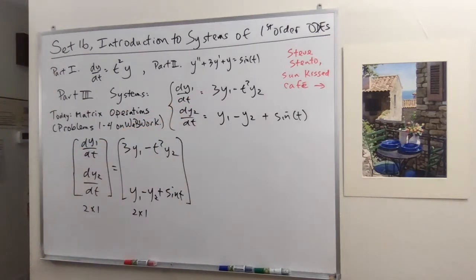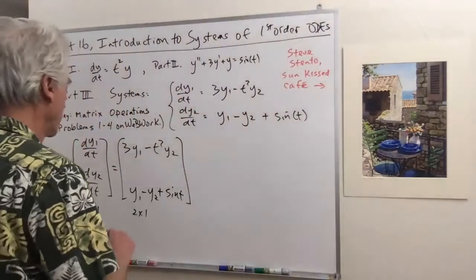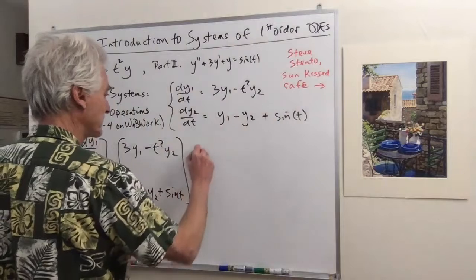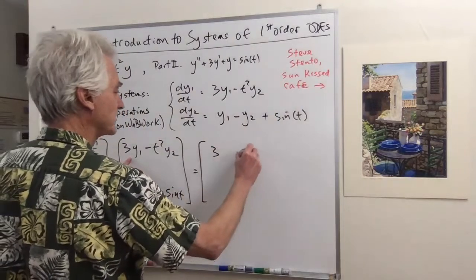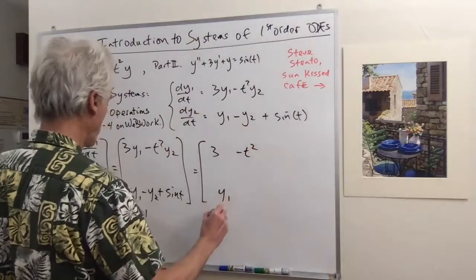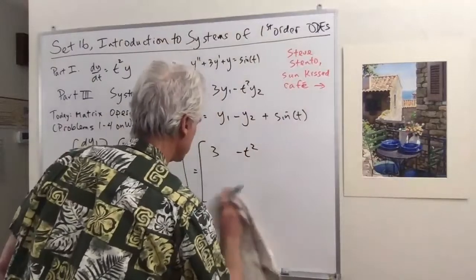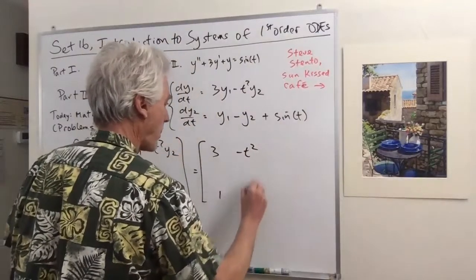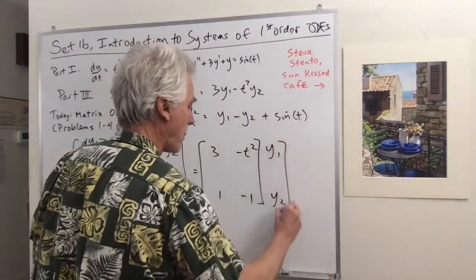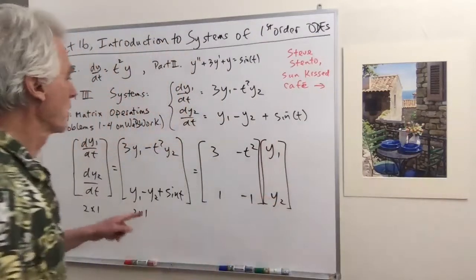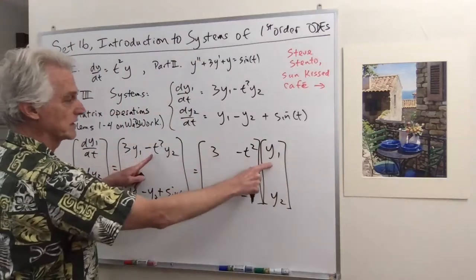Okay? Now, we've been talking about matrices and vectors. This can be written as, I'll just do the example, 3, minus t squared, 1, minus 1, times y1, y2. I think of the coefficients: the coefficient in front of y1 is 3. The coefficient in front of y2 is minus t squared.